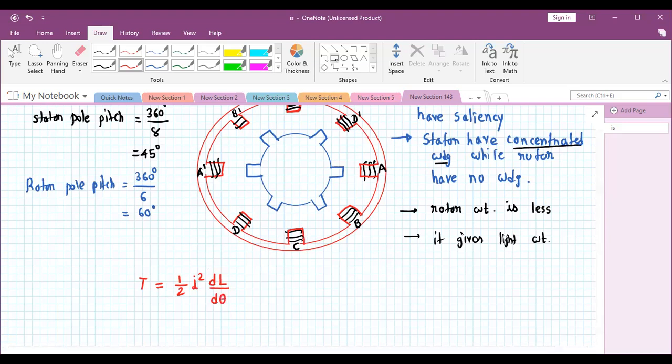Now, the torque is positive only when, in which case? It means I require the magnitude of torque to be positive in only which case?